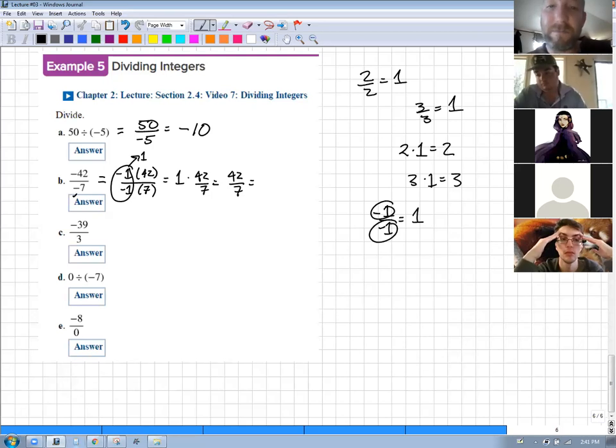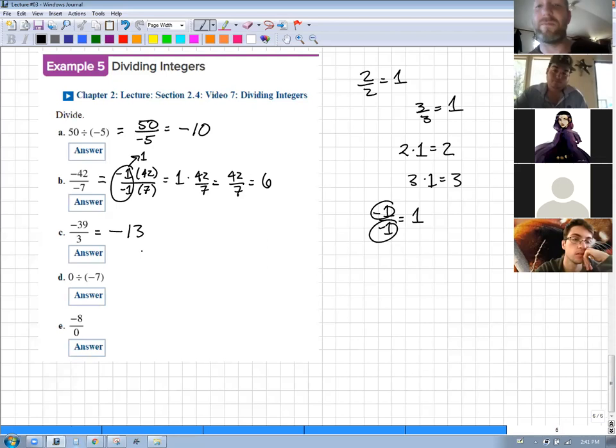So basically, two minuses, they cancel one another out. And 42 over 7 is 6 because 6 times 7 is 42. Part C, we have a minus. Keep your minus. 3 goes into 39 13 times, because 13 times 3 is 39.